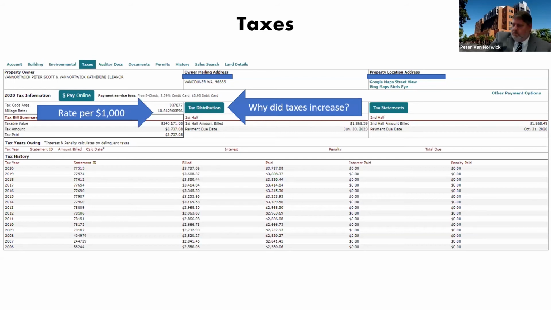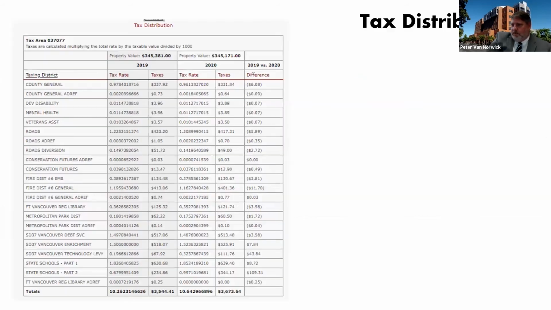All right, why did taxes increase? This is the biggest call we get into our office, and we provide what's called the tax distribution. We show by every taxing district that a property has what the tax rate was, in this case 2019 and 2020, what the amount of the taxes were, and then over here, what the difference is.